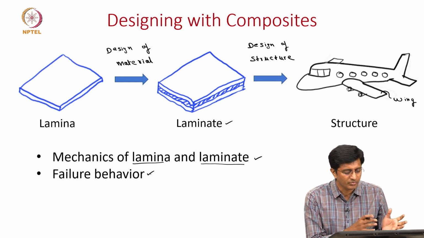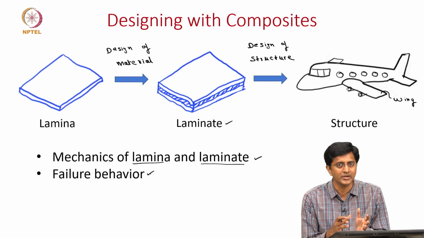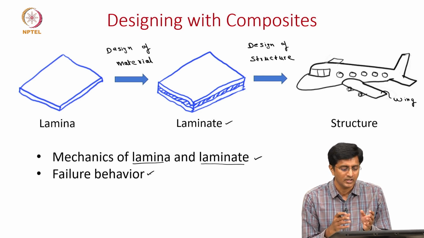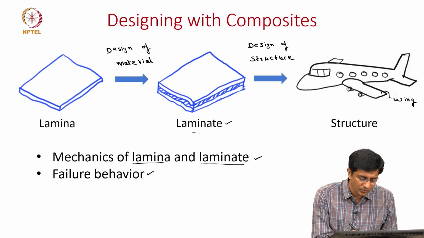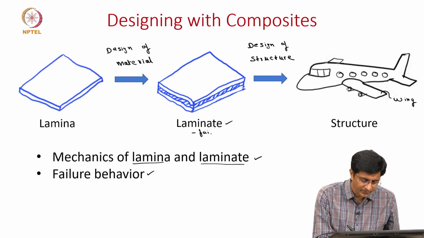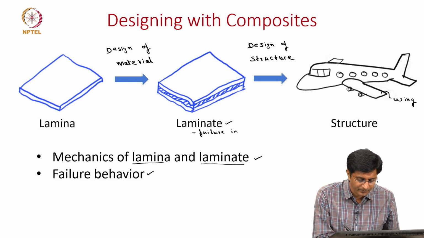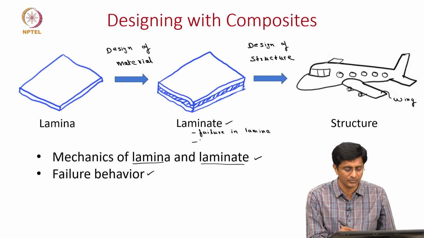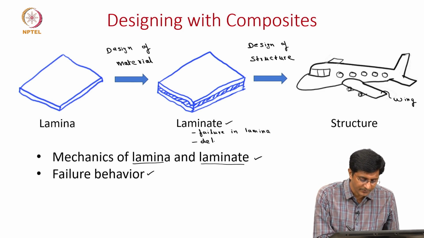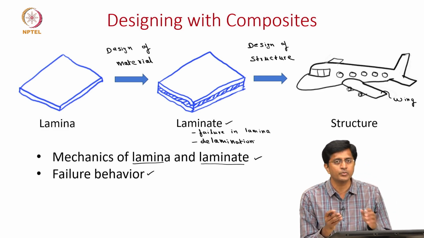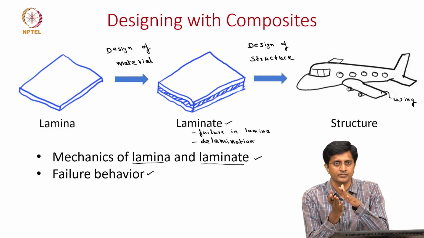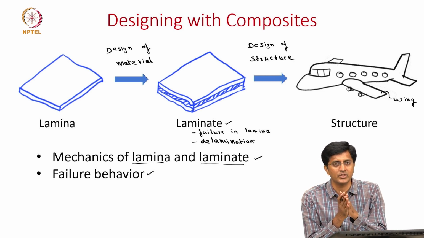Similarly, that same knowledge can be taken from the lamina to the laminate, because when we go to the laminate, in addition to failure in the lamina, it can also fail in other ways, something like delamination, meaning there could be failures between two layers, because between these two layers we do not have much fiber, and what we have is the matrix material, which is considered to be weak.